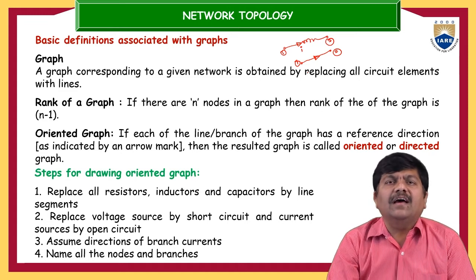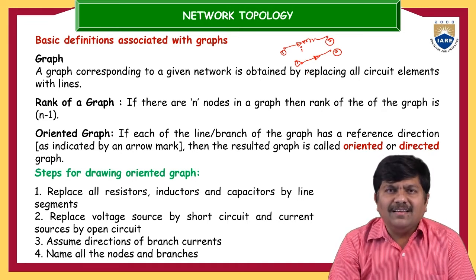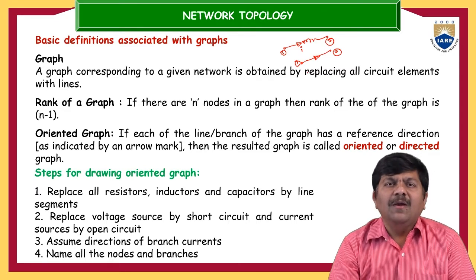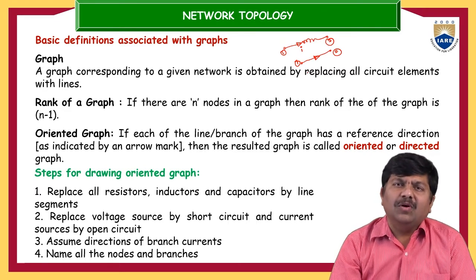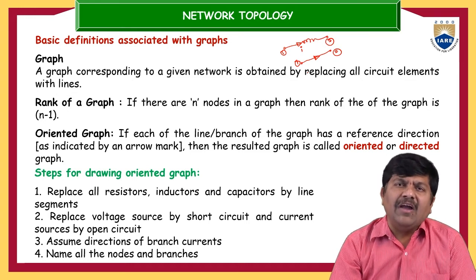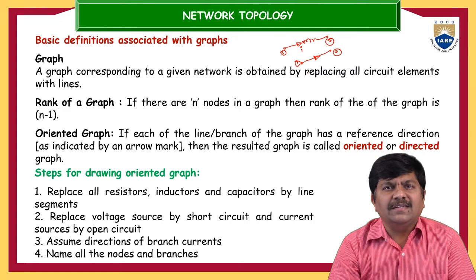An oriented or directed graph does not mean the graph as a whole is oriented, but that every branch in it, which is a line segment, is represented with its arrowhead. What does the arrowhead represent?